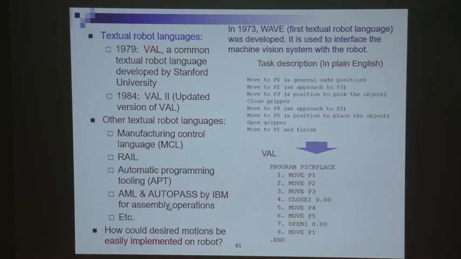The next section, you may ask, how could the desired motion be easily implemented on robots? To do that, you may want to consider robot simulations. Robot simulation is very much an in thing now, something people try to do in the research community.